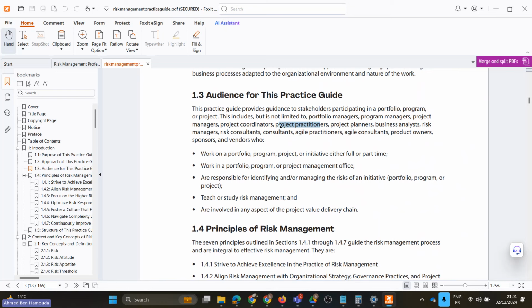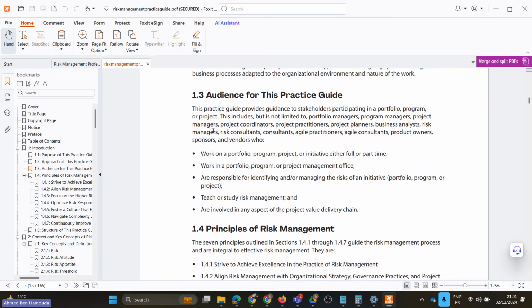It could be as a project team member, for example, or a project management team member. Project planners and business analysts deal a lot with risks. Risk managers, now this is more of an operational role, but it can sometimes be on a project.